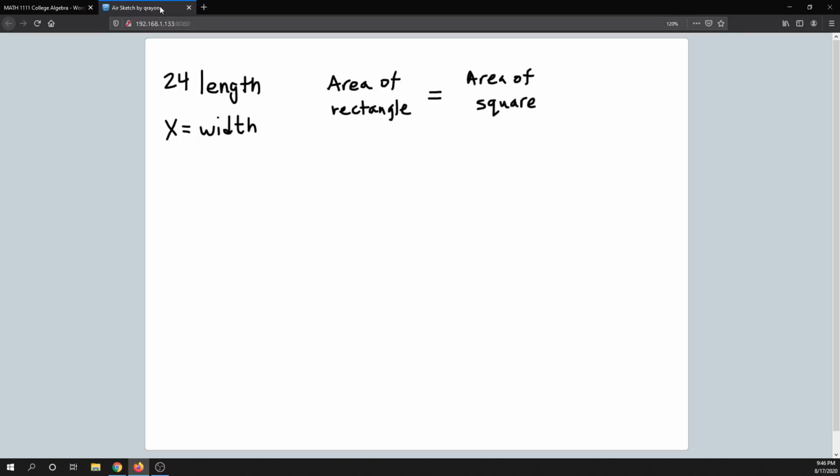So that's where our equation is going to come from. The fact that they told us that this rectangle, whose dimensions we're looking for, has the same area as this square that they're talking about in the problem.